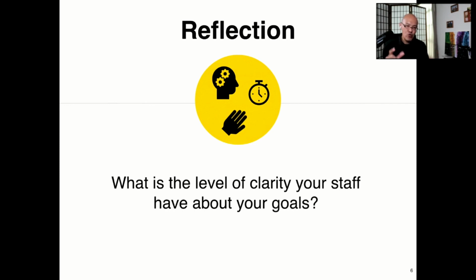Does it have the do component? If you have all three, then you are able to have a definitive definition or interpretation of what the staff goal is. And if you don't, it could open up a lot of room for misinterpretation and different types of understanding.